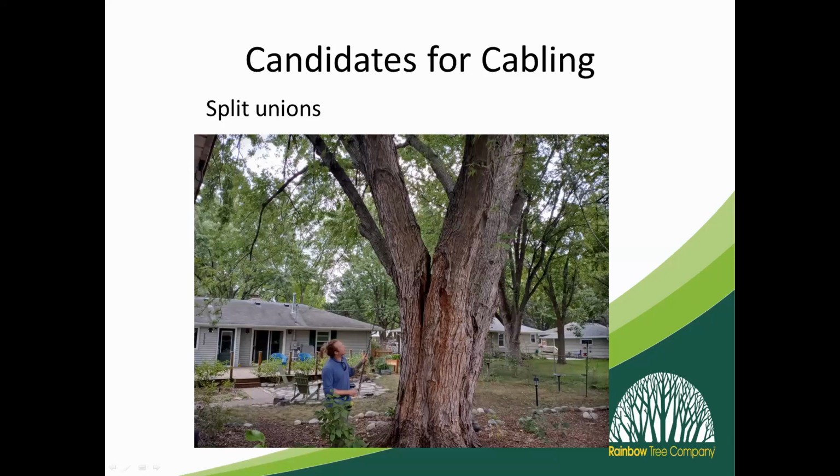Split unions. The unions that have split away from the parent branch or trunk can be supported to extend the lifespan of the tree. This is a reactive step, and consideration of full limb removal needs to be taken into account if a limb poses a risk to the public or homeowner or infrastructure at that point. Especially in this picture, this was a recent one.